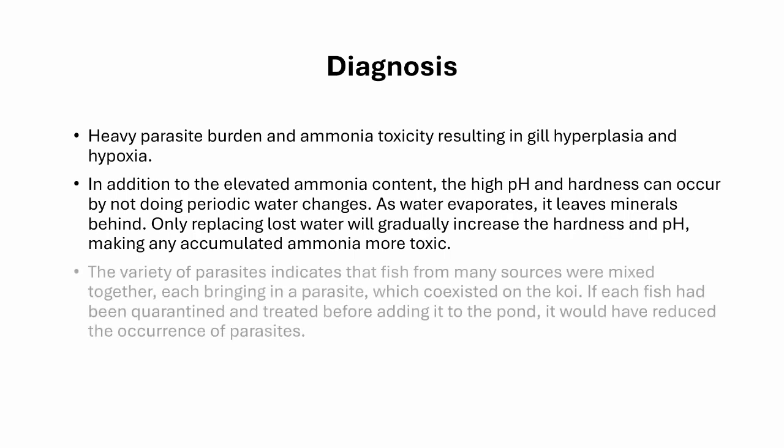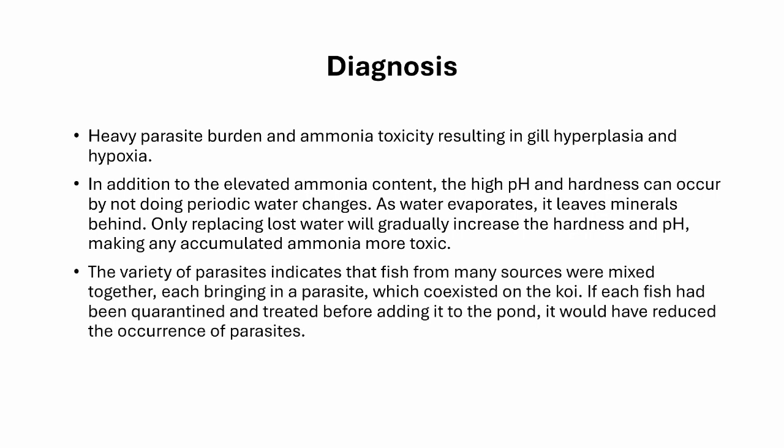What we need to do is improve the water quality. You can't get the fish better if you don't improve the water quality. So, water changes to dilute out the hardness and get rid of the ammonia. You can use ammonia binders, which bind that ammonia so it's not toxic anymore. It doesn't remove it, it just makes it into a non-toxic form.